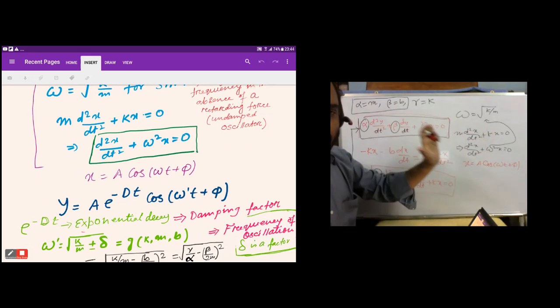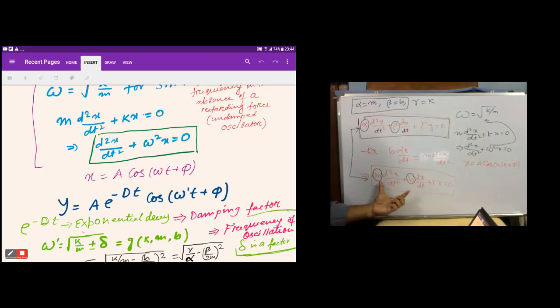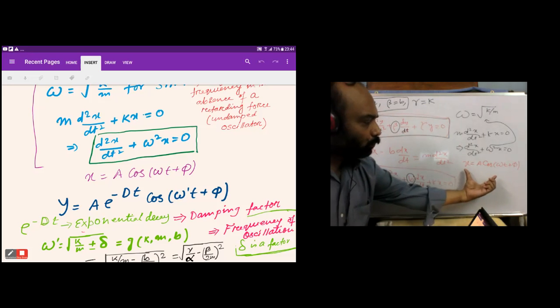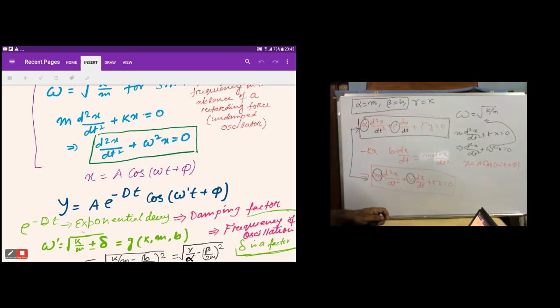Now I apply a damping force, which gives the equation of motion of a damped oscillating system, m d2x by dt square plus b dx by dt plus kx equal to 0. And we are given the same sort of equation, alpha d2y by dt square plus beta dy by dt plus gamma y equals 0, where alpha is equal to m, beta is equal to b, and gamma is equal to k. So that means we have to have some sort of damping factor with the solution of simple harmonic motion.